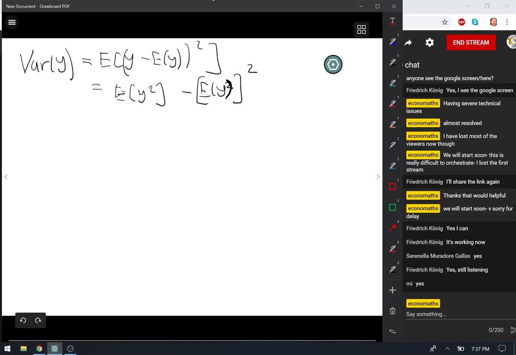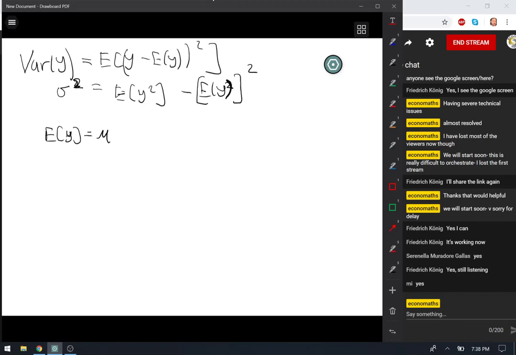That's that. So we can rewrite this as a moment condition. Remember, the method of moments, broadly speaking, just says you do the estimation where you replace a population expectation with the sample expectation. So here, call E of y mu, and call the variance of y sigma squared, just for shorthand.